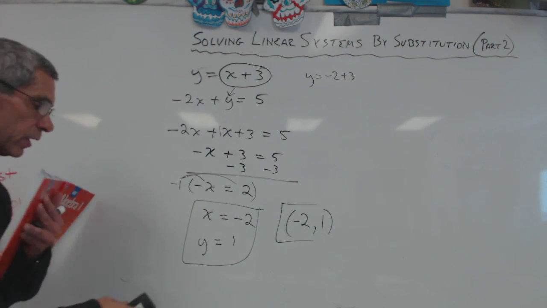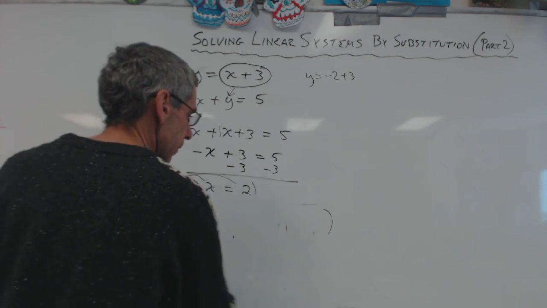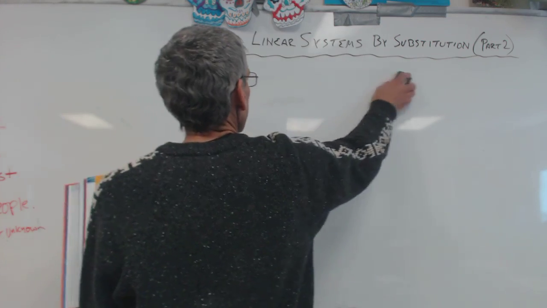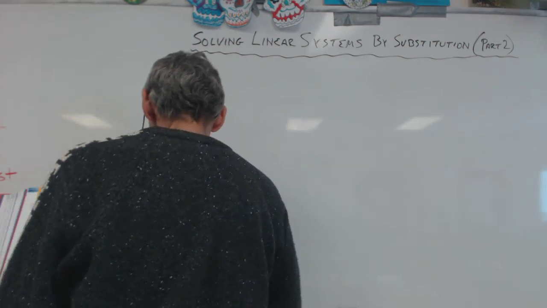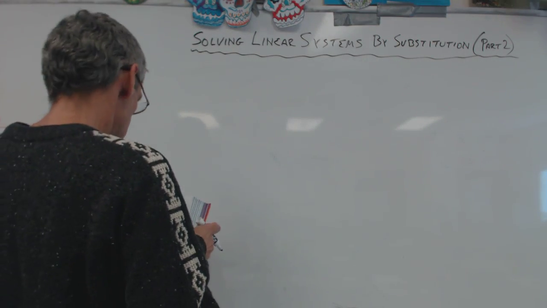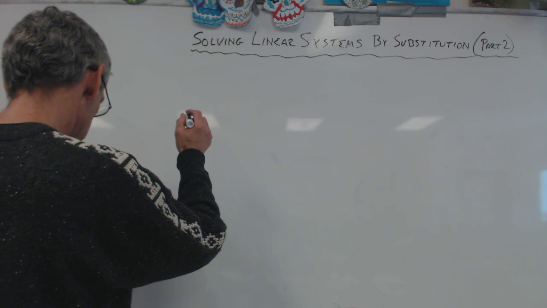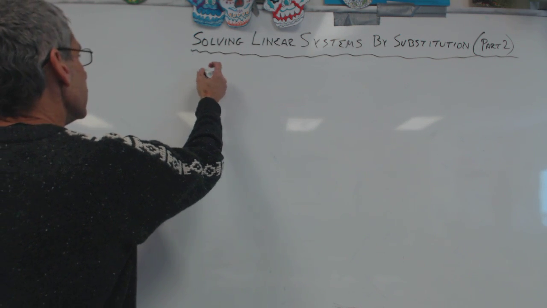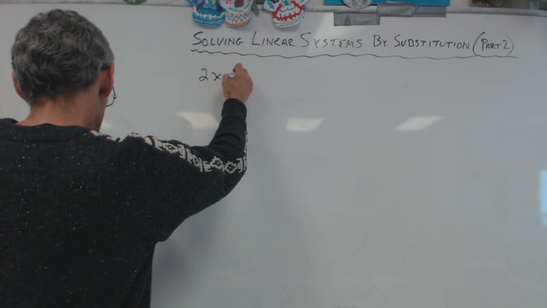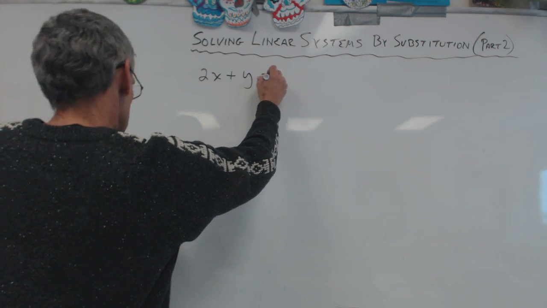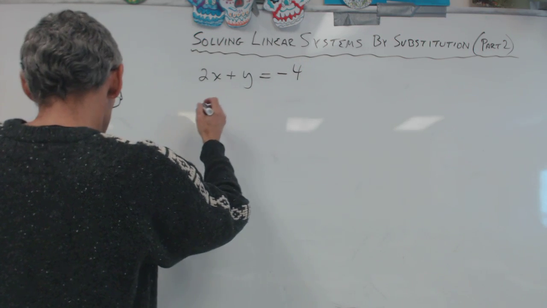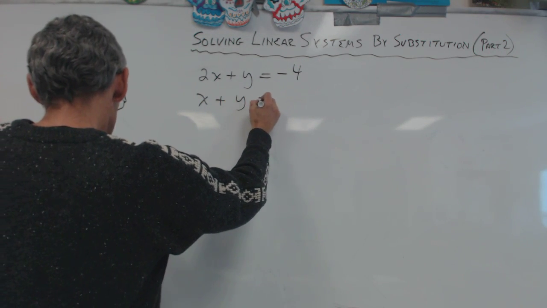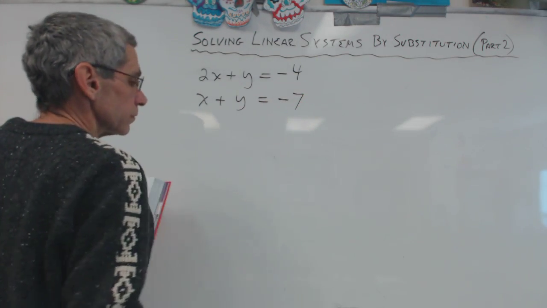Now where it's not straightforward is a problem like I'm about to put up here. I think everybody understood that one pretty easily. But what if I gave you this? 2x plus y is equal to -4, and x plus y is equal to -7.